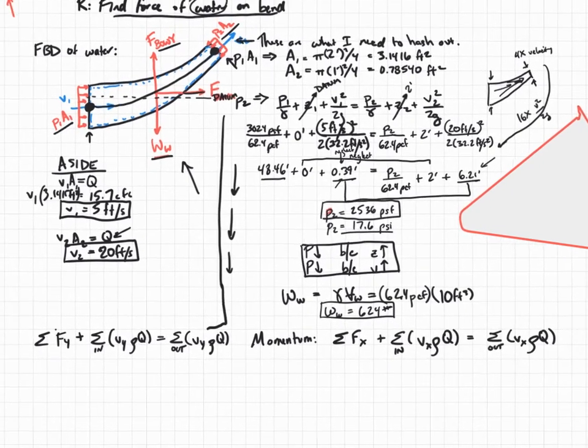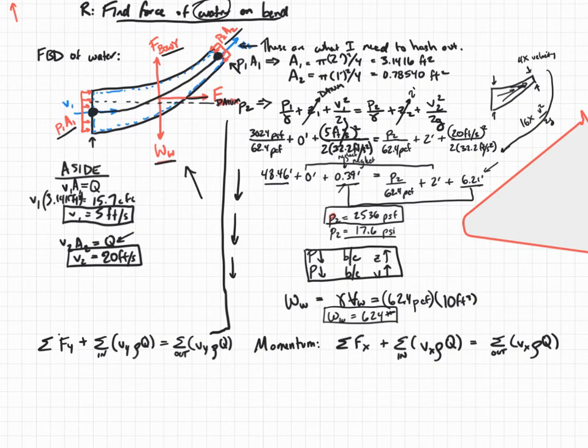So let's keep that free body diagram in mind as we look at the sum of forces. I'm looking at my free body diagram, trying to figure out what the forces on this water are. I've drawn them all in red. Because I have the y equation on the left, we'll do that one first. What forces do we have in the y direction?